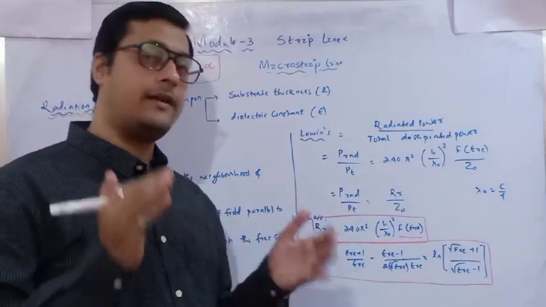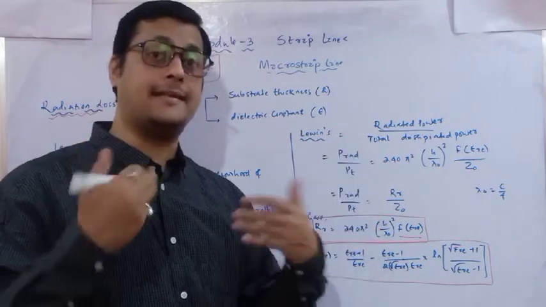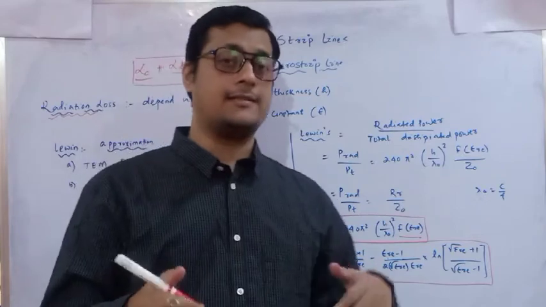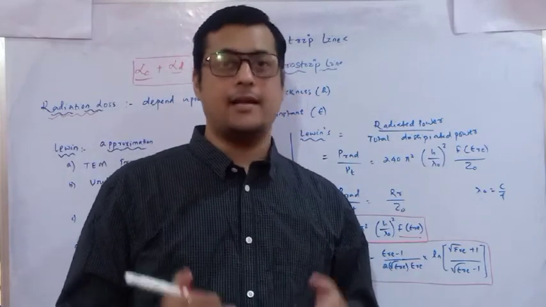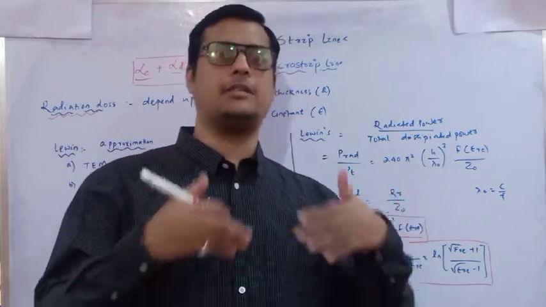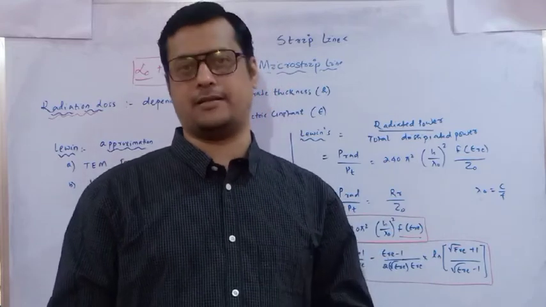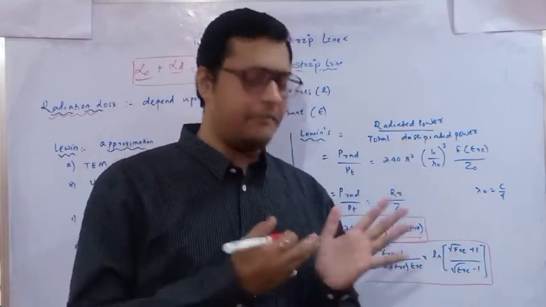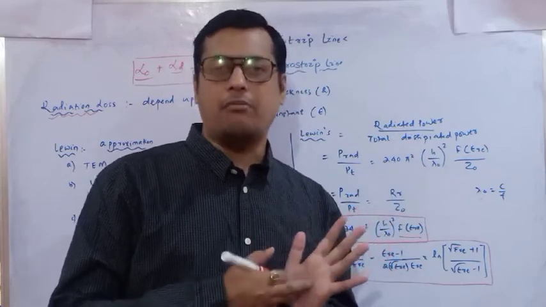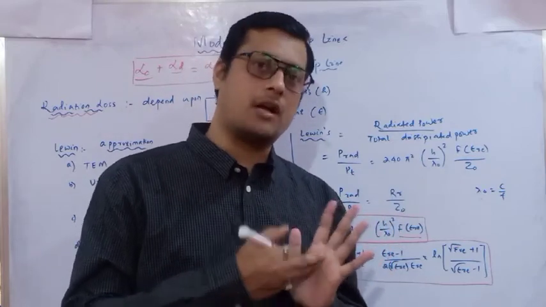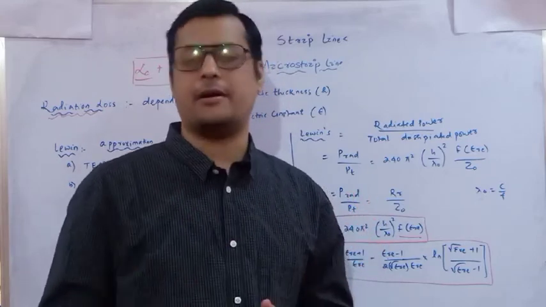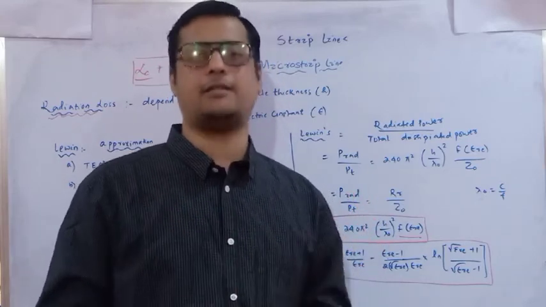Through this we can identify the radiation resistance, because whenever we use this microstrip line as a microstrip antenna, we will see how the radiation resistance comes into picture. It helps us identify whether we are using a half wave dipole, a quarter wave dipole or a microstrip line, which parameters and which devices we are using.